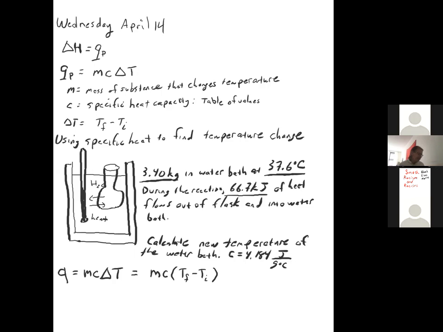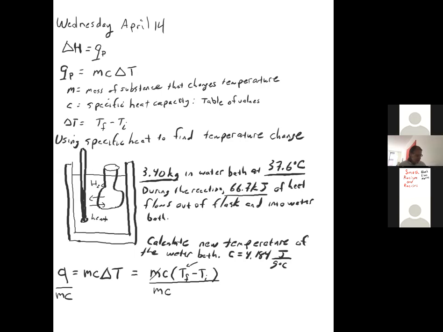Okay. So here's what I'm going to do. We need to find this final temperature, so we've got to algebraically isolate T final. I'm going to divide both sides. Over here on the left where we have Q, and over here where we have MC times T final minus T initial, I'm going to divide both sides by MC.